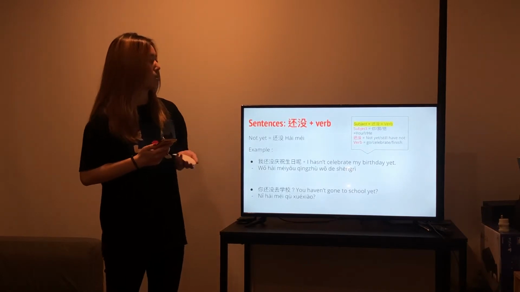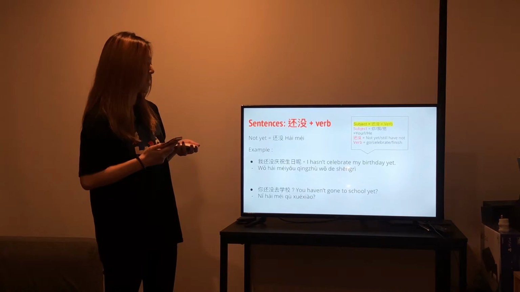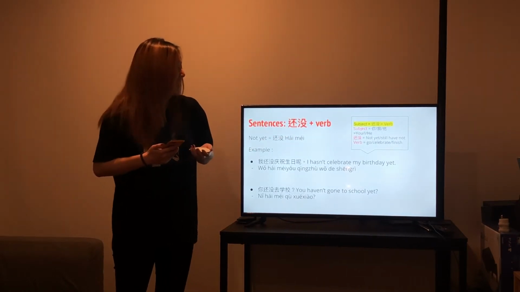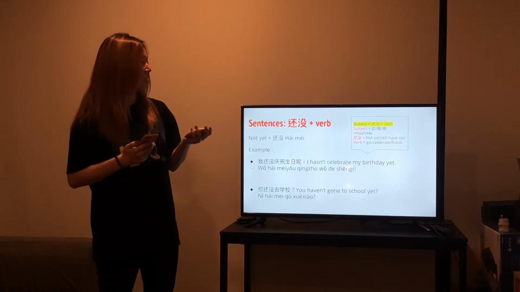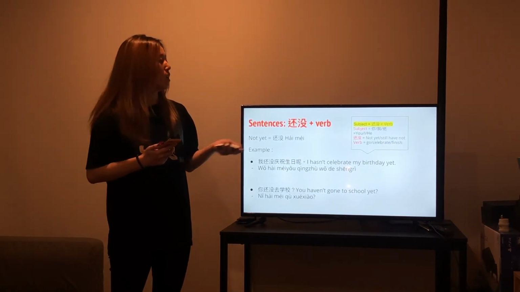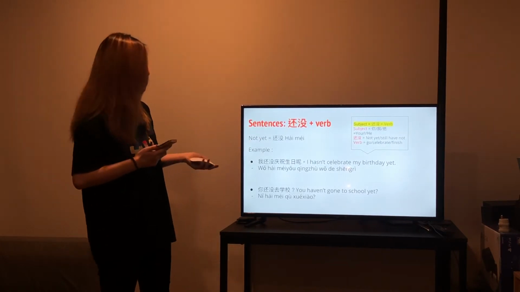The subject means 你我他, every subject. Then comes 还没, which is not yet or still have not, and the last one is the vocab, something like go, separate, or finish.